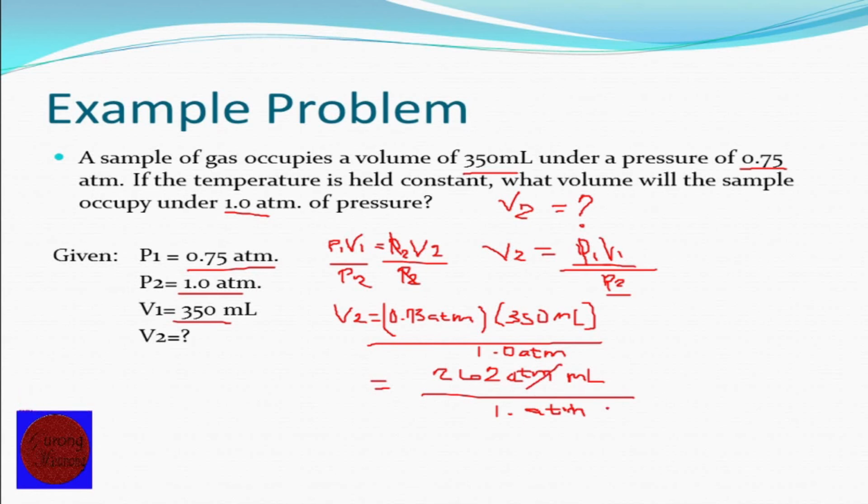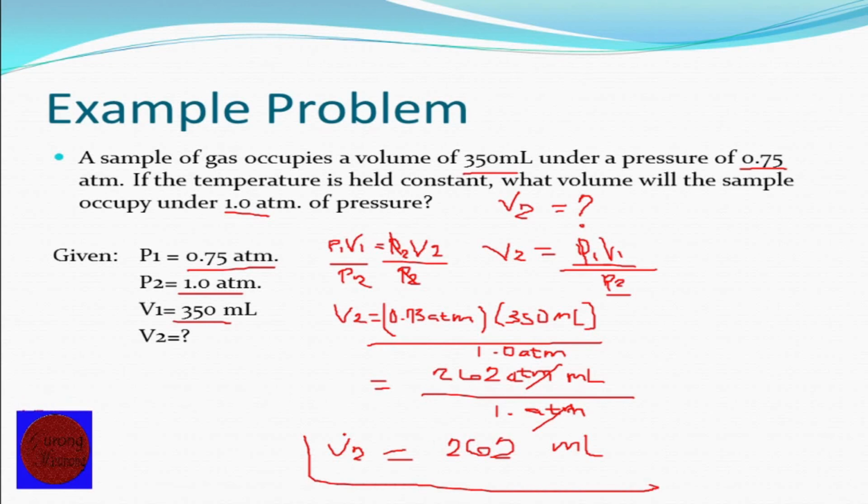So divide it, cancel atm. So we have 262.5 milliliters. So that is our volume 2 and our final answer.